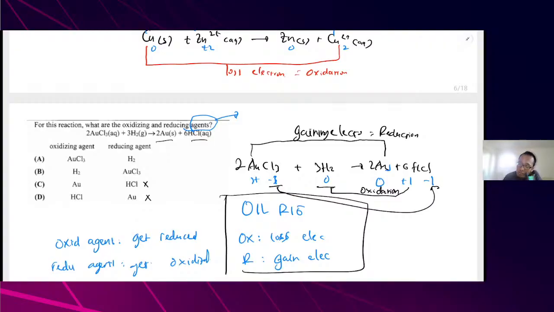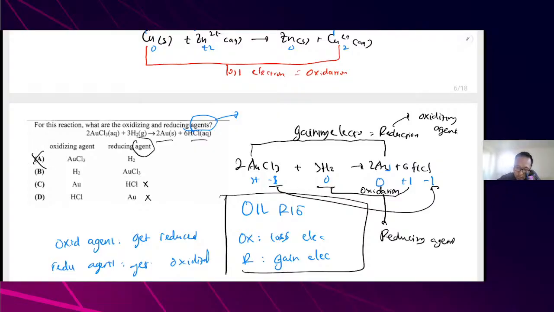Okay, so now we need to identify the agent. H2 is oxidized, so it's the reducing agent. And AuCl3 is reduced, so it will be the oxidizing agent, kind of like just the name. So the oxidizing agent is AuCl3, and H2 is the reducing agent.